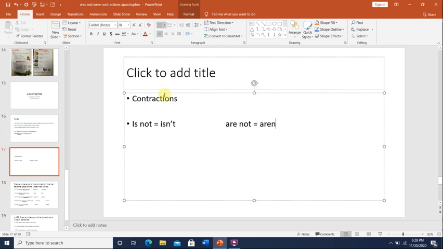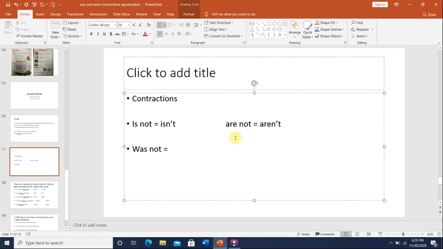We write are and then the N for not, and we take away the O and put an apostrophe instead, and then we write T. So is not, isn't. Are not, aren't. We use isn't and aren't in the present tense when we want to tell about a person, a place, or a thing.